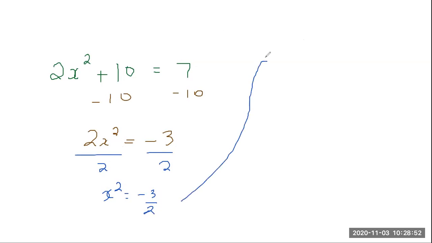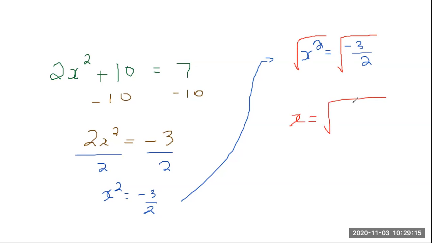I'm going to bring this up here to continue. Now, in order to get rid of the square, I have to do the square root. Whatever you do on one side, you do to the other side. So x is equal to the square root of -3/2, right?